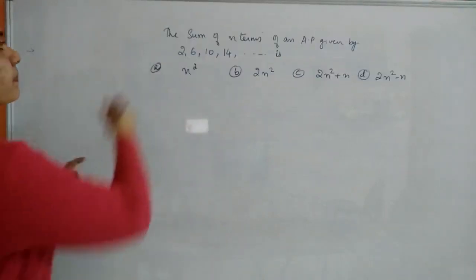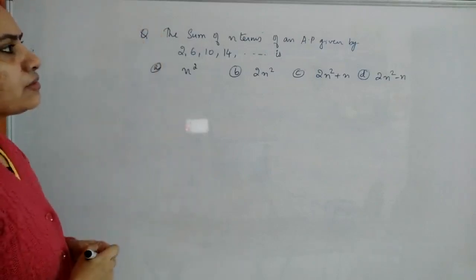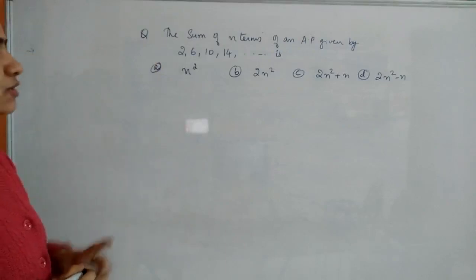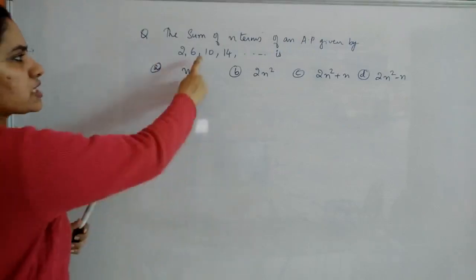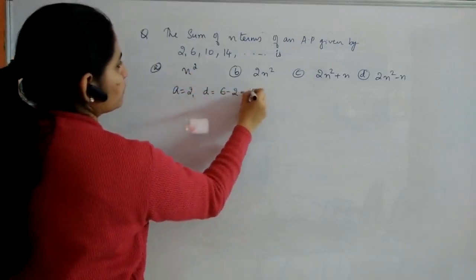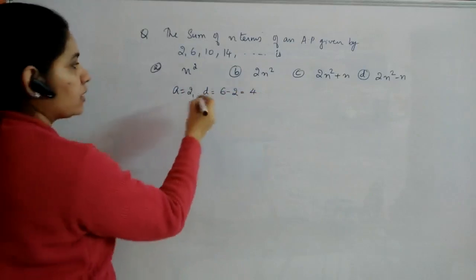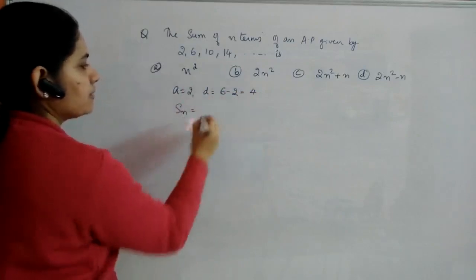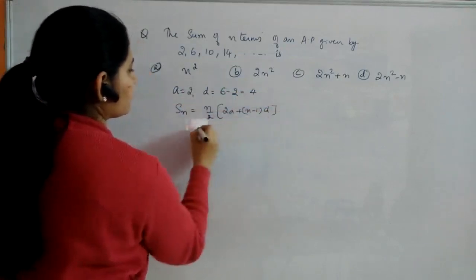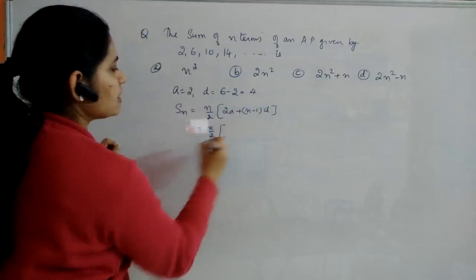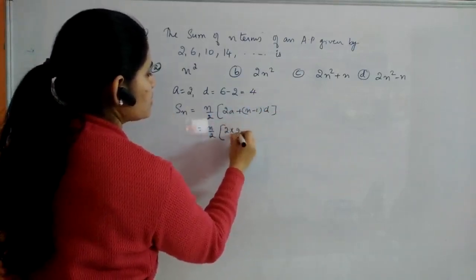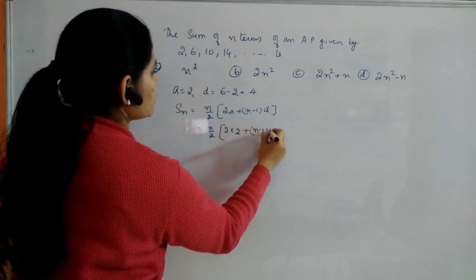The question is, the sum of n terms of an AP which is given by 2, 6, 10, 14 etc. is. You have to find out what is the sum of n terms of this given AP. So here A is 2, D is 6 minus 2, that is 4, and Sn, what is Sn? n by 2 into 2A plus n minus 1 into D. Replacing the values of A and D in this formula, what will you get? 2 into 2, plus n minus 1 into 4.